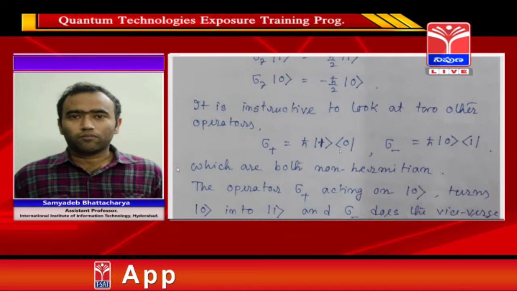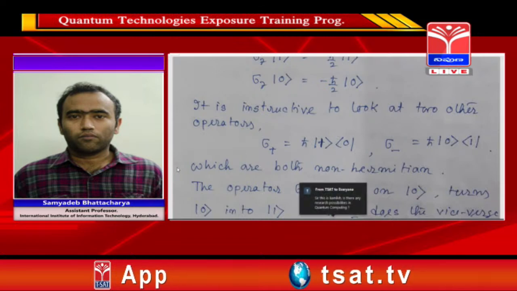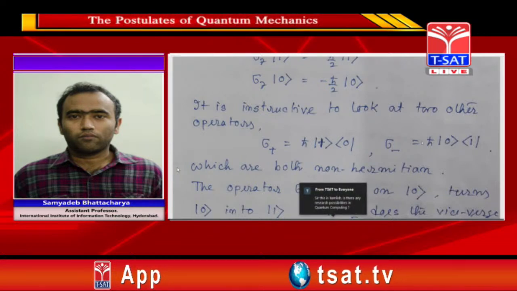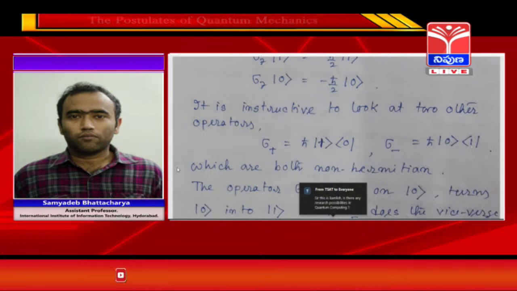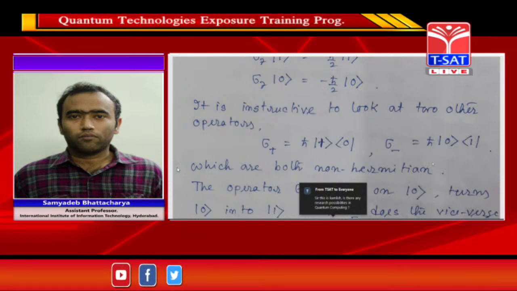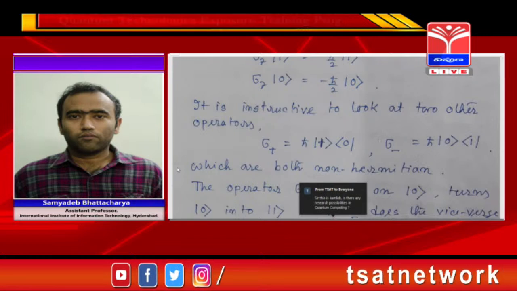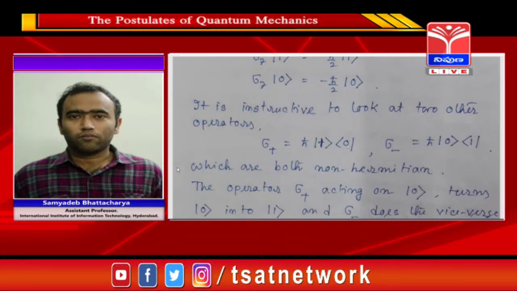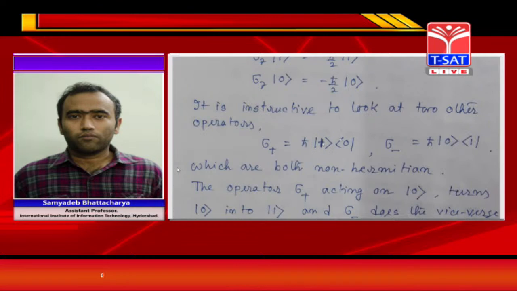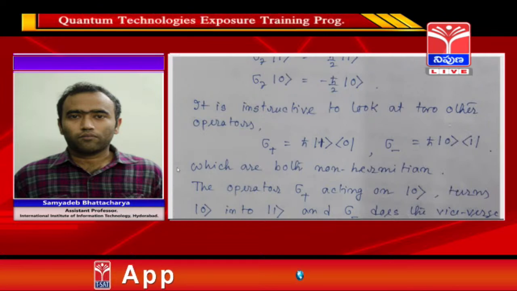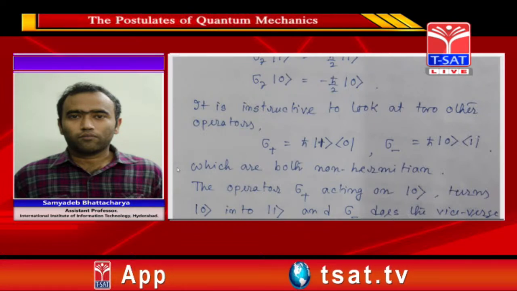This 1 0 means it takes the 0 state to the 1 state, and sigma minus takes the 1 state to the 0 state. So it is a sort of ladder: from the ground state to the excited state, 0 to 1, and vice versa, from the excited state to the ground state, 1 to 0.